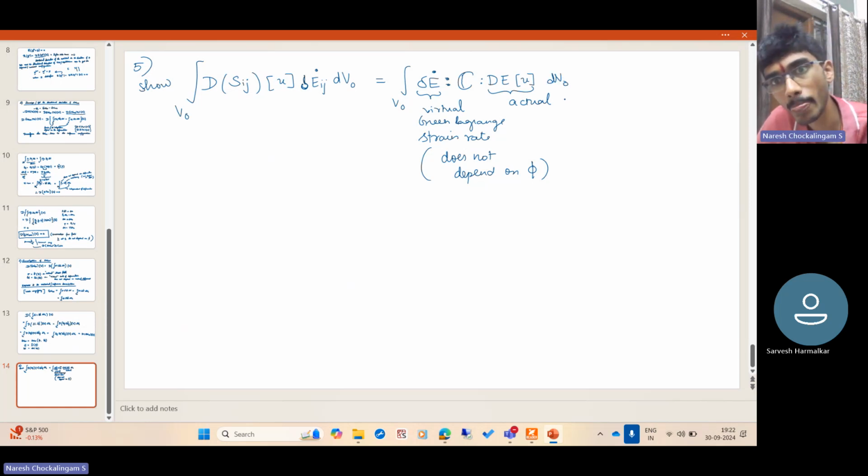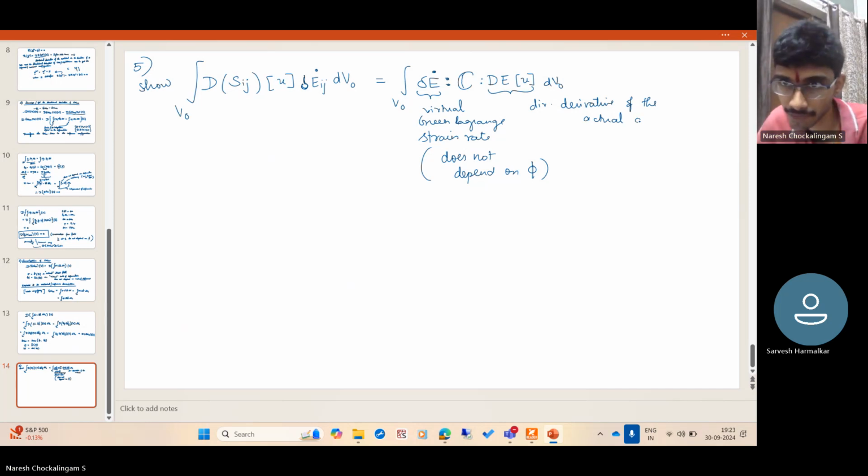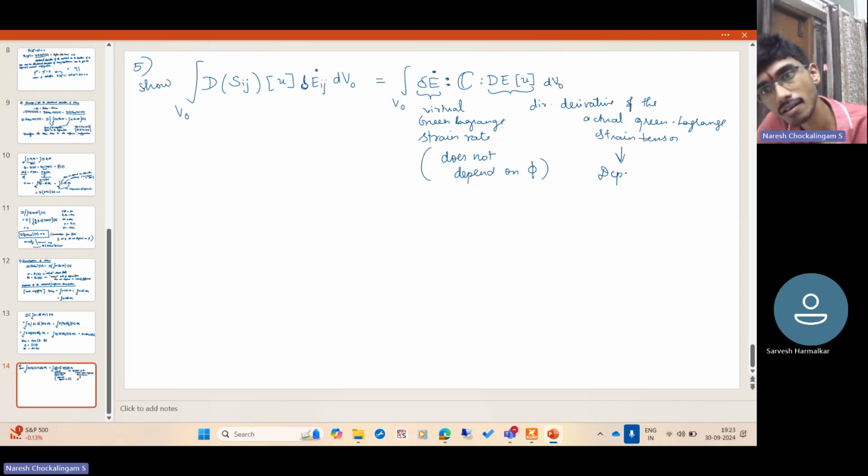And this is the directional derivative of the actual Green-Lagrange strain tensor, which depends only on phi and not on del v.